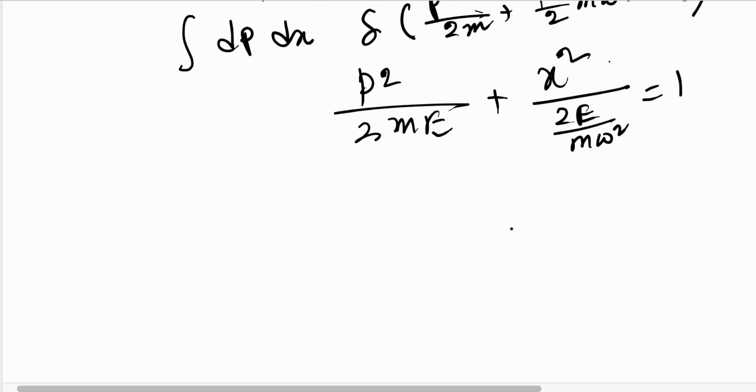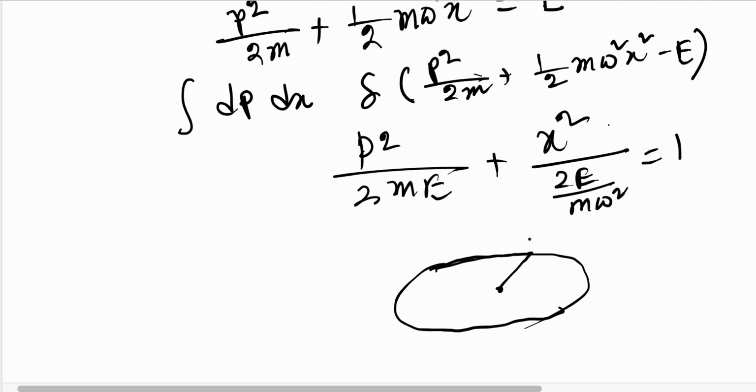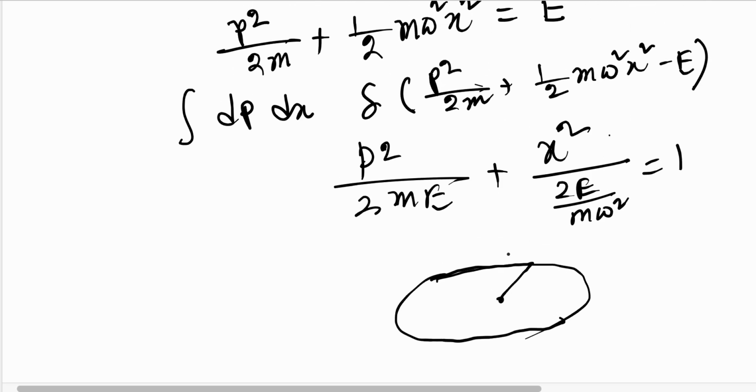So it is an ellipse. Basically at the boundary, every point, for the total number of microstates, will follow this equation: p square by 2mE plus x square by 2E by m omega square equal to 1.